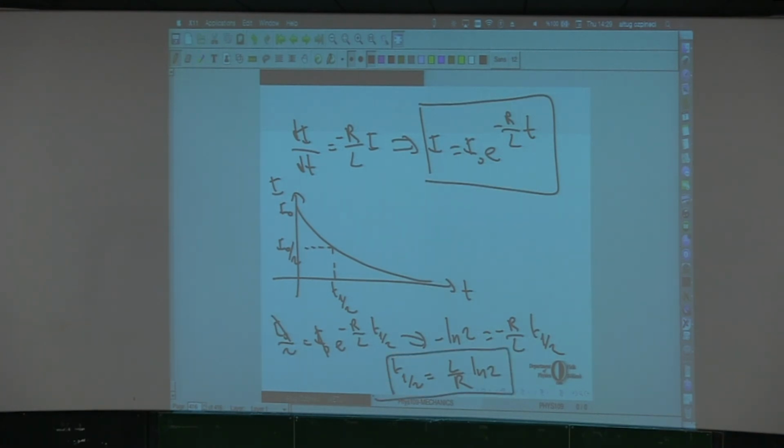Here we also have something called the time constant, but this time it is just L over R. In the capacitors, if you remember, it was RC. As we expected, if L is large, the half-life gets very large. If R is large, the half-life gets very small. But there is no value of L or R for which the half-life goes to infinity. It always takes a finite amount of time to be halved.